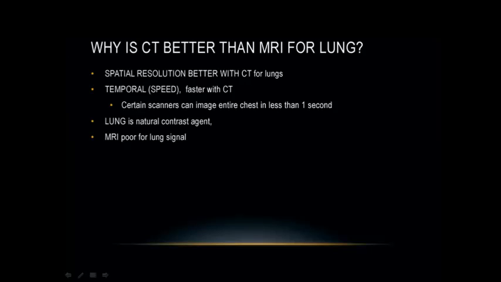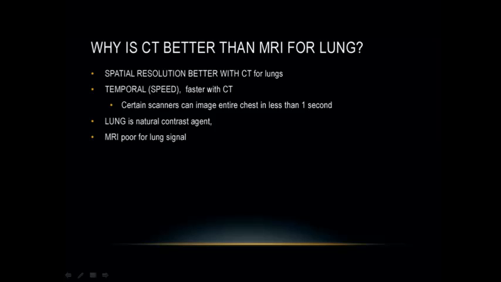So CT is better than MRI for lung because spatial resolution is better with CT for lungs. It's faster. CT is much faster than MRI. It takes much less time for a diagnostic procedure.